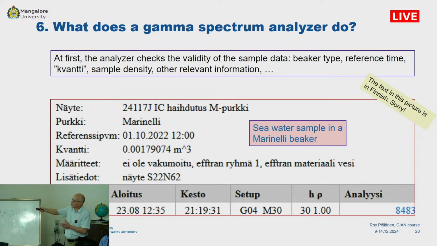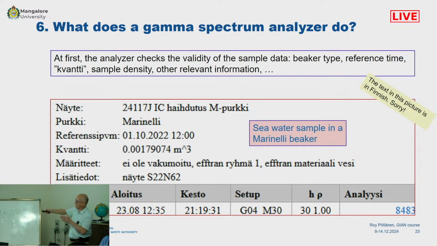Is the quantity of the sample okay? Is the sample density okay? And some other relevant information. In this phase, the analyzer does not necessarily check the spectrum itself. He or she checks that the basic data for the sample is okay.